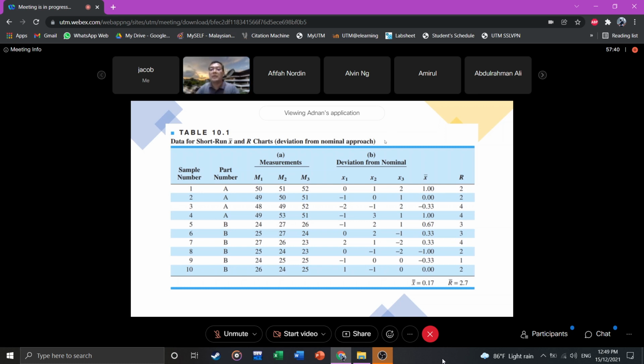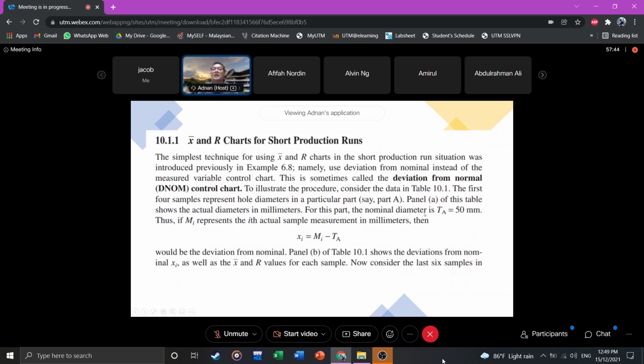So if we go back, this is based on what I've just mentioned. For part A, the nominal parameter is 50. The M represents the actual sample measurement, and this is the nominal.